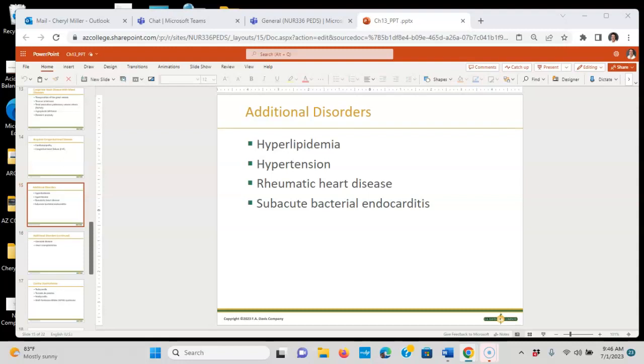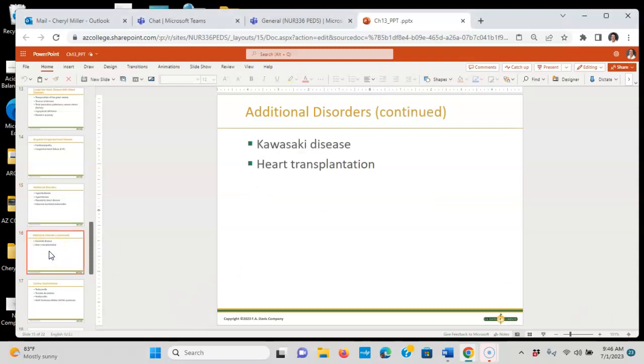Kawasaki's disease, you know your Kawasaki's. Just make your motorcycle, right? So your motorcycle, it's going to affect the heart.